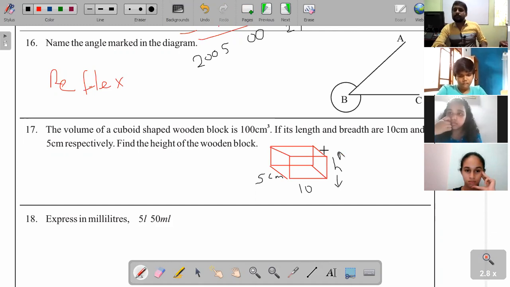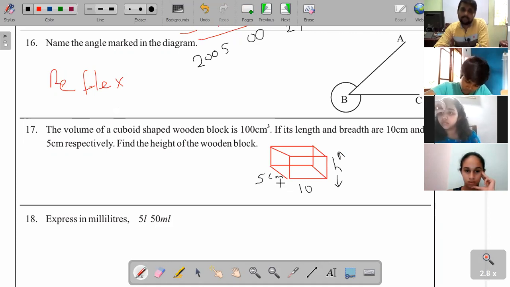Do you remember the formula of the volume of the cuboid? Length into breadth into height, right? Length 10, breadth 5, height h.